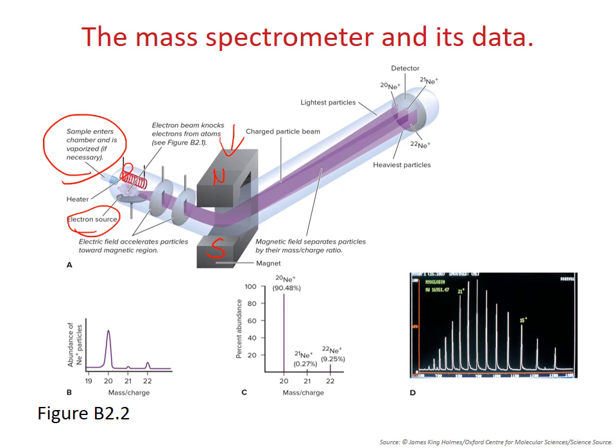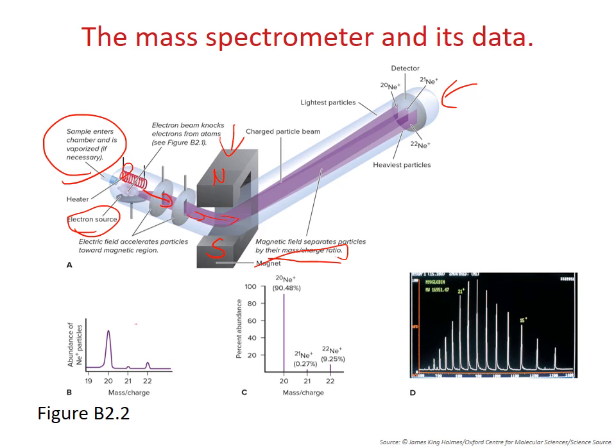So the atoms are now ionized because they lose electrons. The charged ions enter the electrical field and are accelerated. When they pass through the magnetic field, they are bent and separated by their mass to charge ratio, and then reach the detector. From the position at the detector, we can find the mass to charge ratio of the ions.